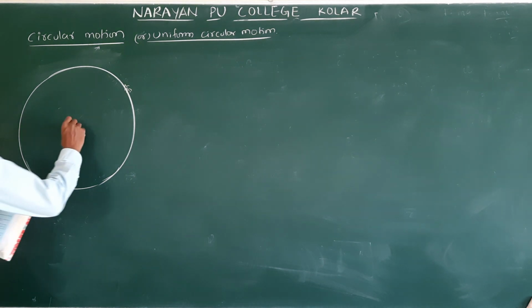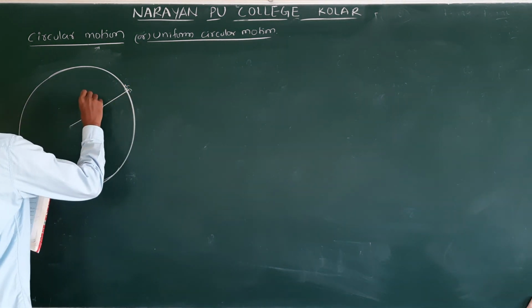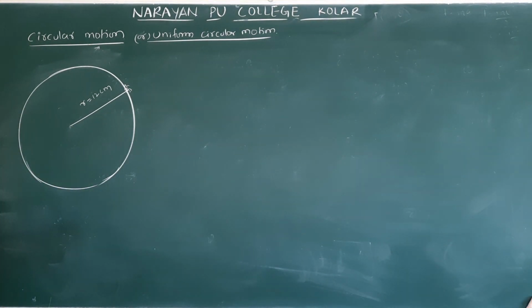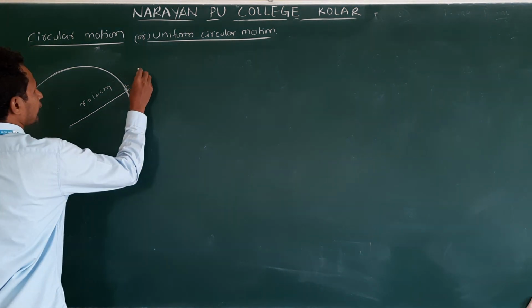What is the radius of this circular groove? R is equal to 12 centimeter. Clear? Now it completes 7 revolutions in 100 seconds. How many rotations done? 7 rotations.